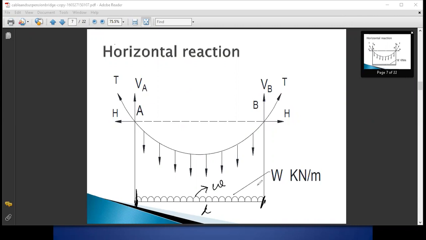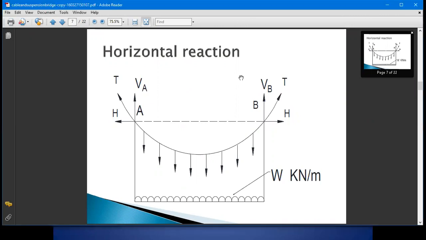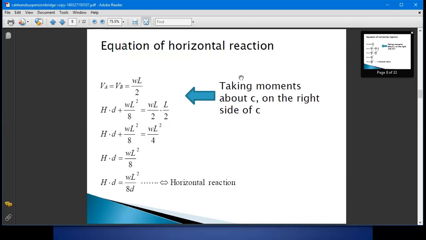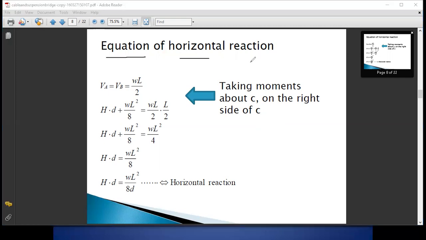So vertical reaction VA, vertical reaction VB, horizontal reaction H. Now we will find out the reactions, vertical and horizontal. For the vertical reaction, by taking summation of Fy, it is wL by 2.